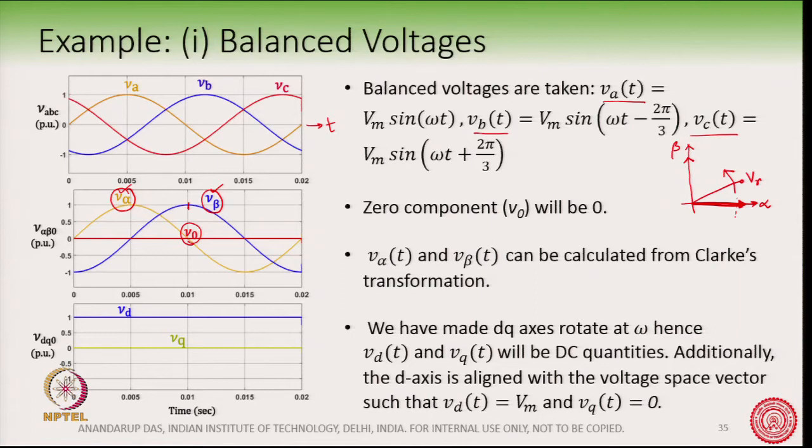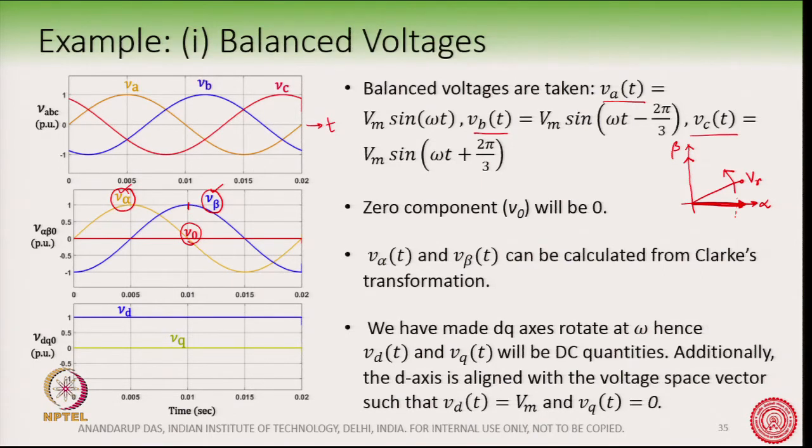So, in the time domain, alpha is 90 degrees leading the beta waveform. So, this is about the alpha, beta and 0 components.